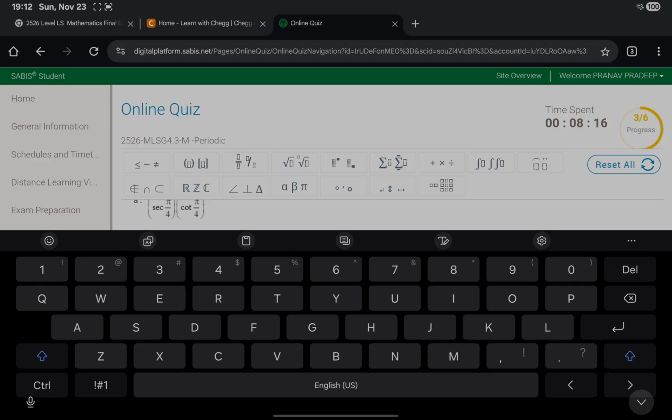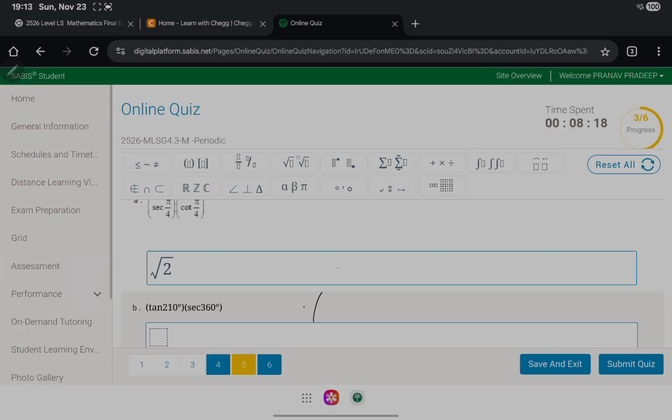Here you do tan 210. If you do that on your calculator, you get radical 3 over 3. Okay, and you multiply that with secant. Secant is 1 over cos 360. What is 1 over cos 360?